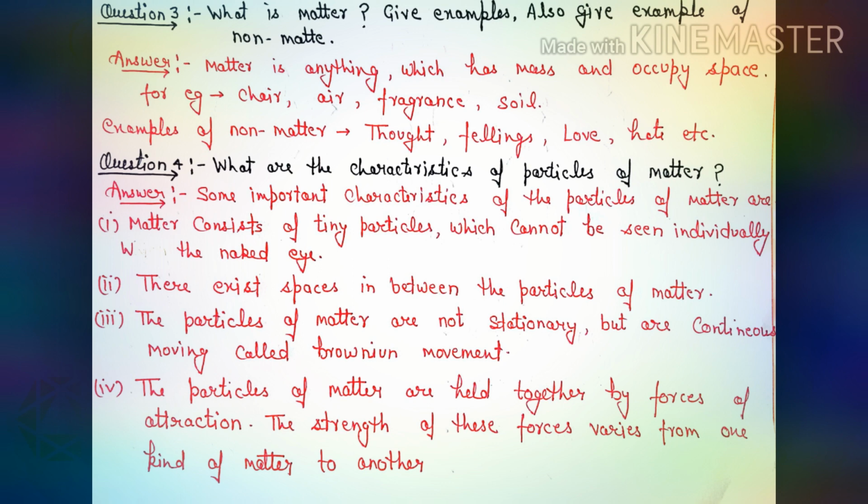Number 3, the particles of matter are not stationary but are continuously moving, called Brownian movement. Number 4, the particles of matter are held together by forces of attraction, which is called intermolecular forces of attraction. The strength of these forces varies from one kind of matter to another. For example, solid, liquid and gas.